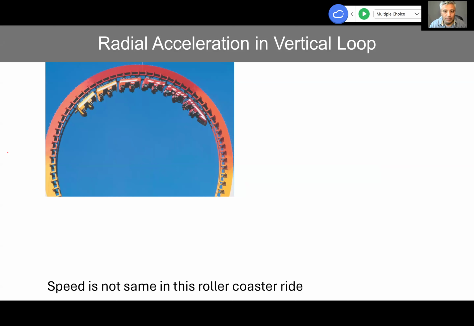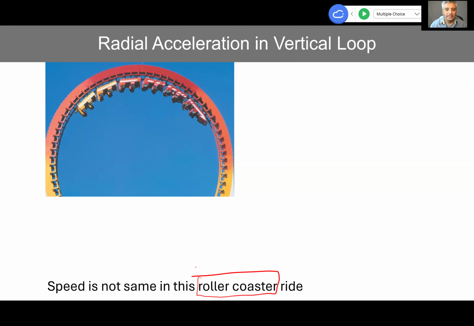Now, this is a vertical loop, like a roller coaster ride, right? So when we are on a roller coaster ride, what happens? Speed is not the same all the time. Speed keeps changing. So that means it is an example of non-uniform circular motion, okay?